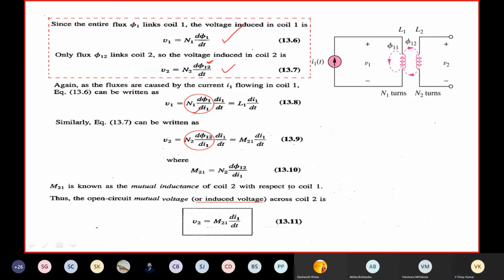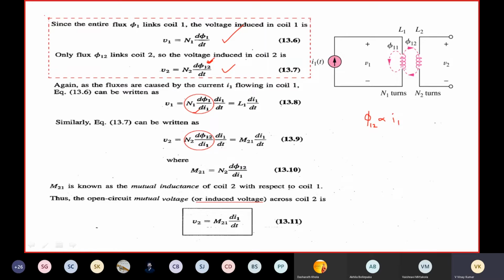Here, see, this can be written like this. Flux is directly proportional to current. Here phi 1 2 is directly proportional to I1.